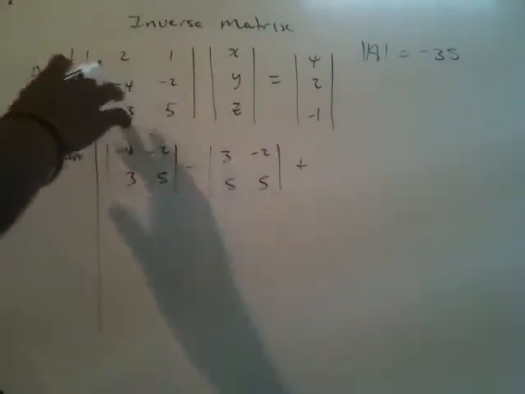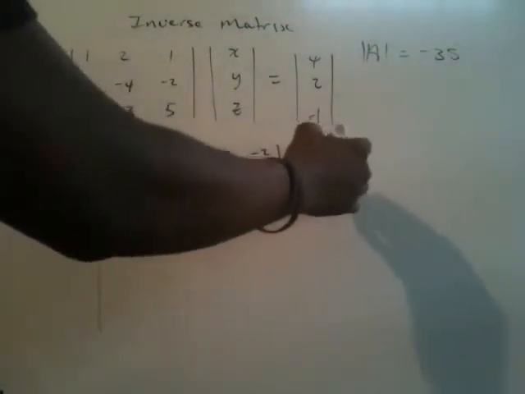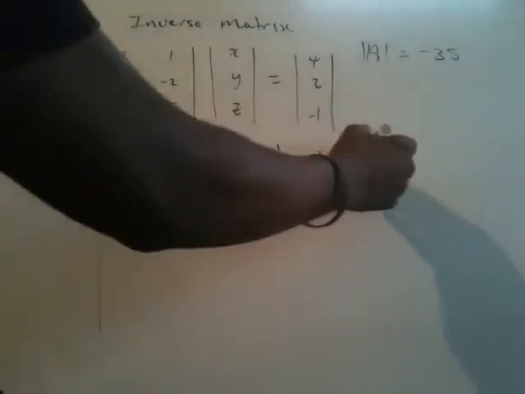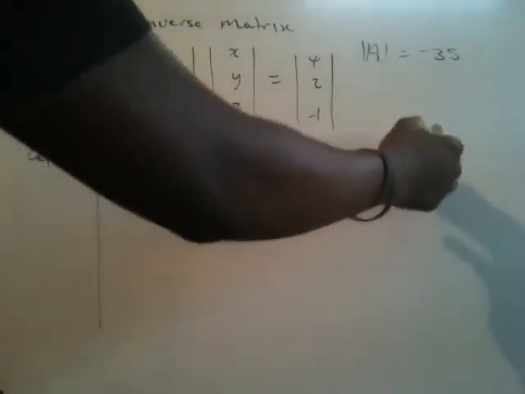And for number 1, what is not included is 3, -4, 5, and 3.